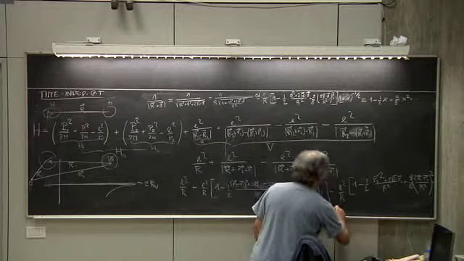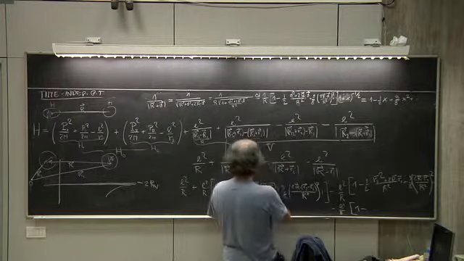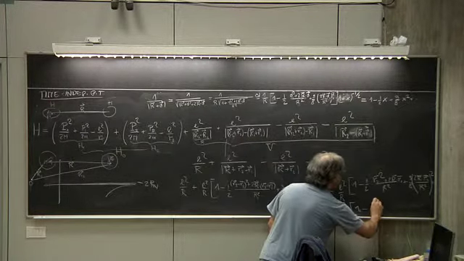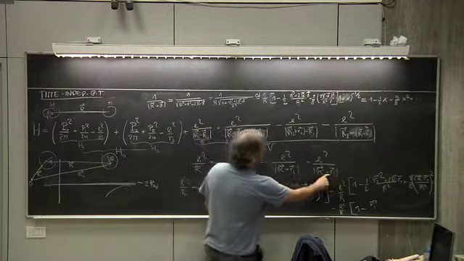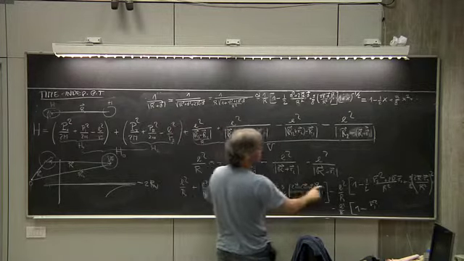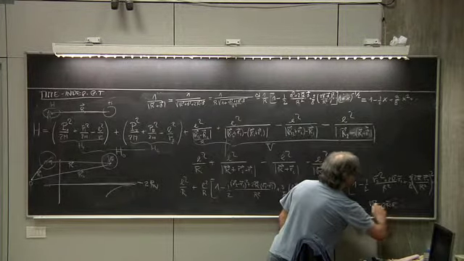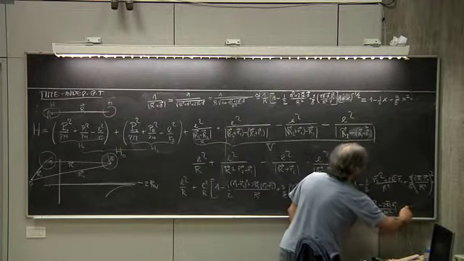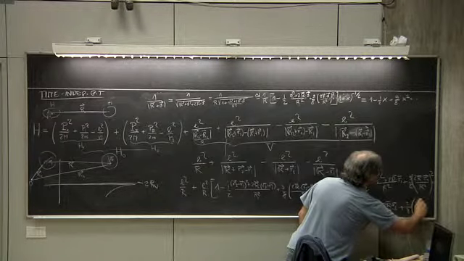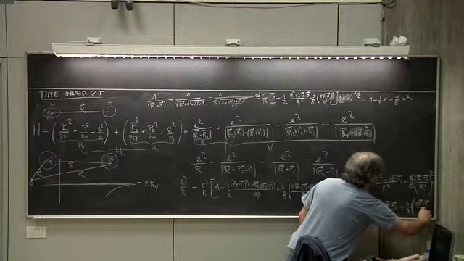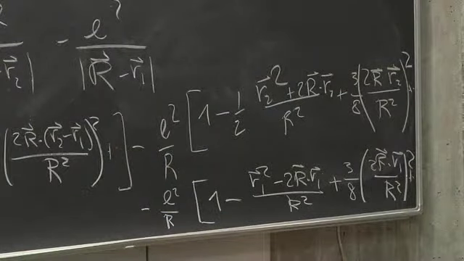And finally, similar, minus e square over R. But now you have 1 minus the square of R1. Then you have, careful, you have minus R1 this time in place of D. So the second term here has now minus 2R R1 over R square. And then here the sign is not important because there is a square. So you have 2R R1 over R square square. Okay? These are all terms up to that order.